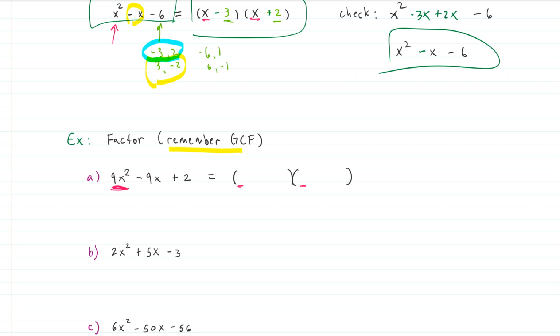So our options are maybe 3x and 3x. That's an option to give us 9x squared. We could also do x and 9x. That's also an option. We'll keep that in mind if this doesn't work out. But let's start with 3x and 3x.